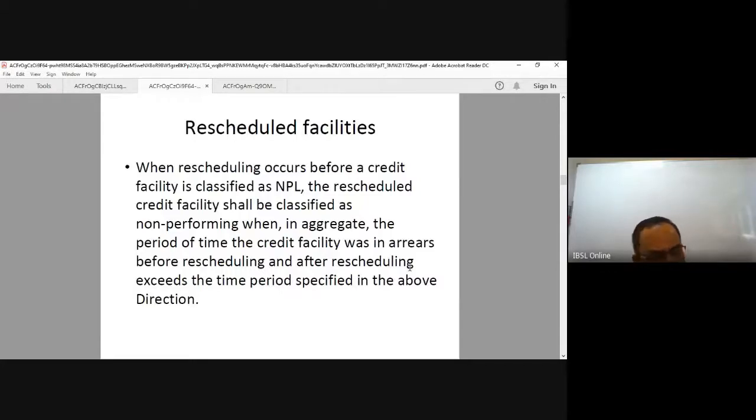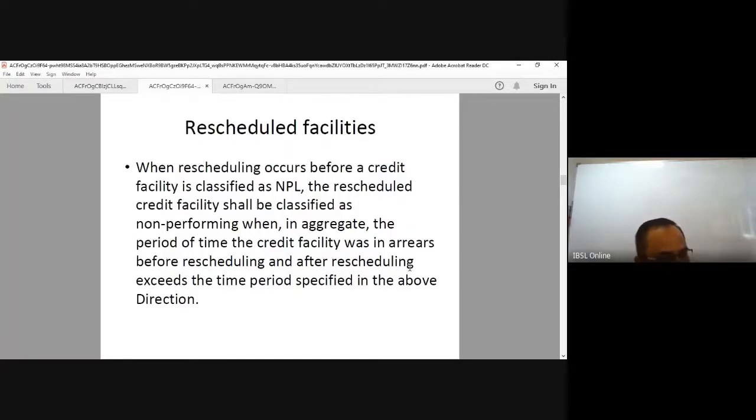So this is something which we are discussing, which is very important, where you are rescheduling a facility, a particular set of facilities, where it looks like the customer is not going to pay. Say you have given 100 million in facilities to a company, with an overdraft, term loan, import loan.